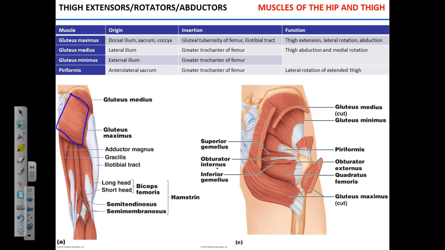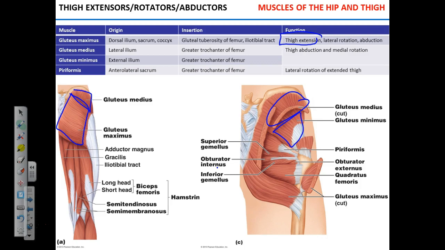That's the buttock muscle, the primary extensor of the thigh. That is the muscle that works when you move up from the squat position. Does that make sense? Gluteus medius and gluteus minimus are mainly abductors of the thigh. So medius, that is cut, you can see it right here, and minimus deeper to it.